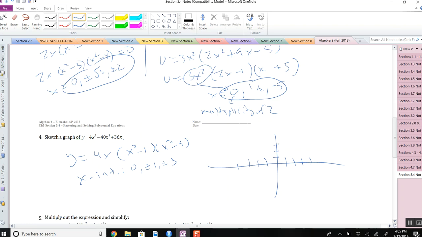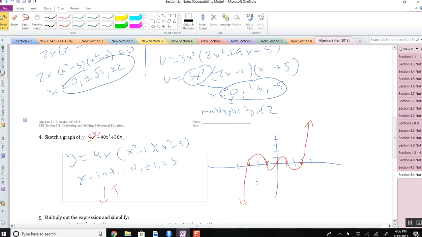The y-intercept is 0 because we don't see a constant. And of course, 0 is an x-intercept as well. 1 and negative 1, 3 and negative 3. And we know the end behavior is going to have to be down, up. Remember, our degree is odd, leading coefficient is positive. So it's going to look kind of like this. It's going to have several turning points. So there we go. Now, how high or low some of these portions of the graph go, we don't know.